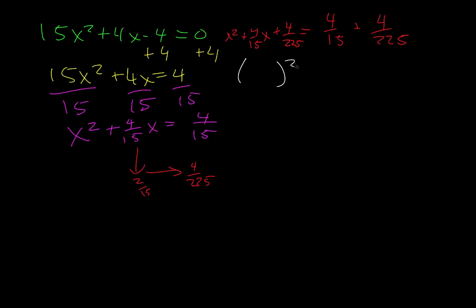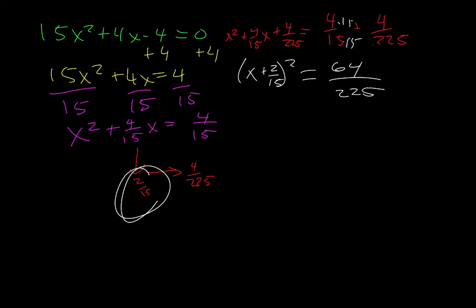Okay. Now simultaneously we'll do both sides. So I get x, and then I do the elbow, which is a positive 2/15. And then over here, I need to multiply this by 15/15. And so that is 60 plus 4, so 64/225. Then I square root both sides.